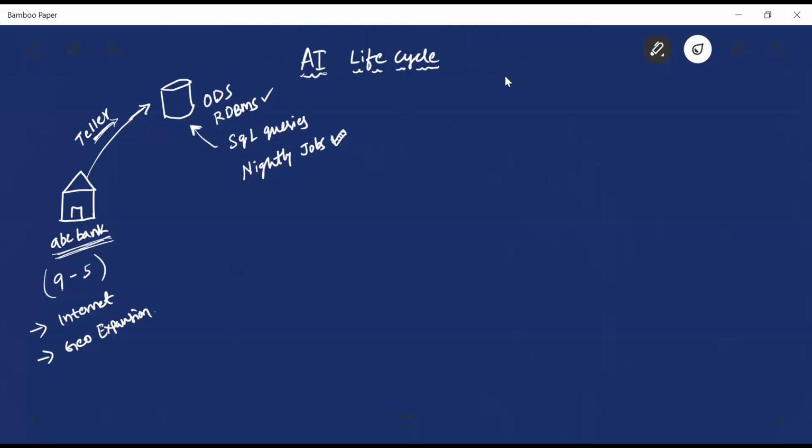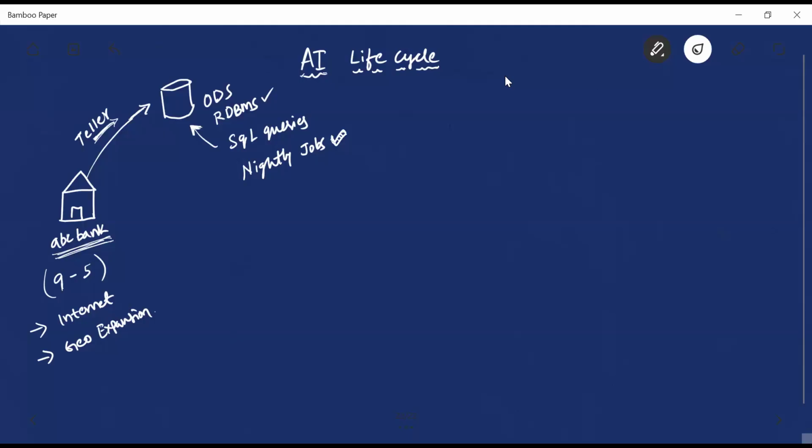So when the US is sleeping, Dubai, India and Singapore are awake, and vice versa. There was no lean period where I can say, okay, this is the time I can run my jobs so that it will not impact my ODS, the operational data stores or operational transactions. So that was a big problem.